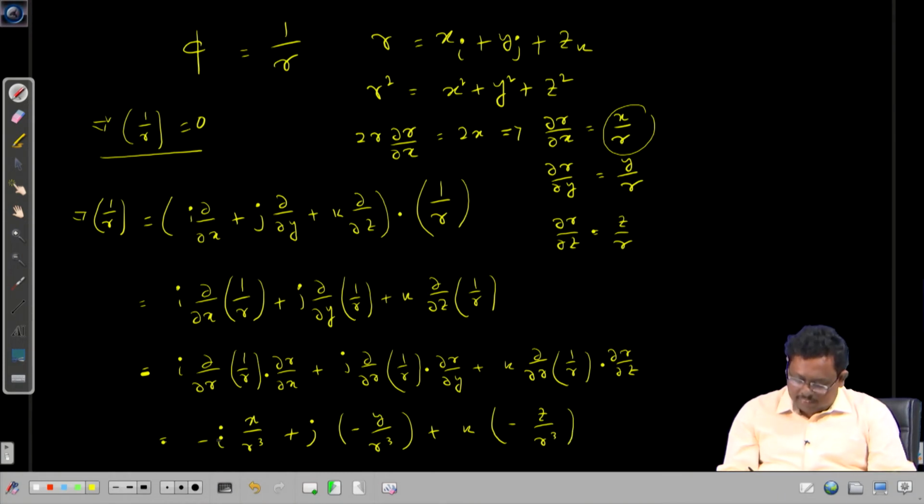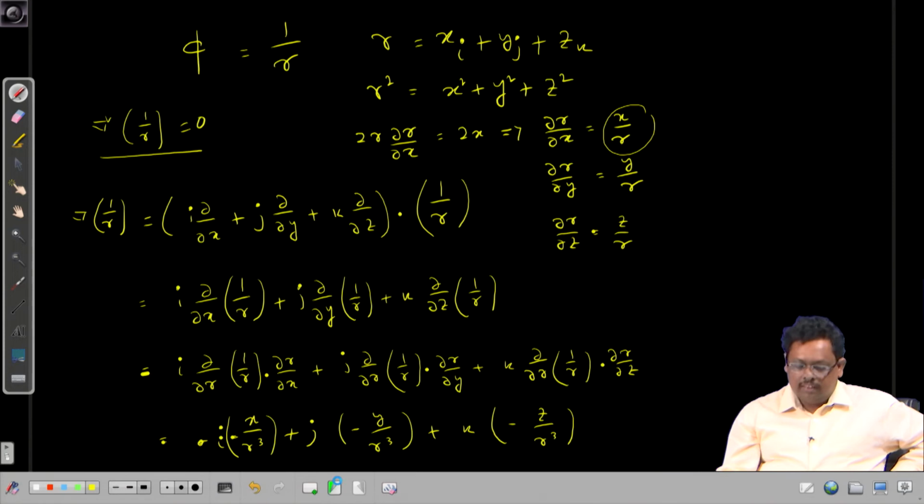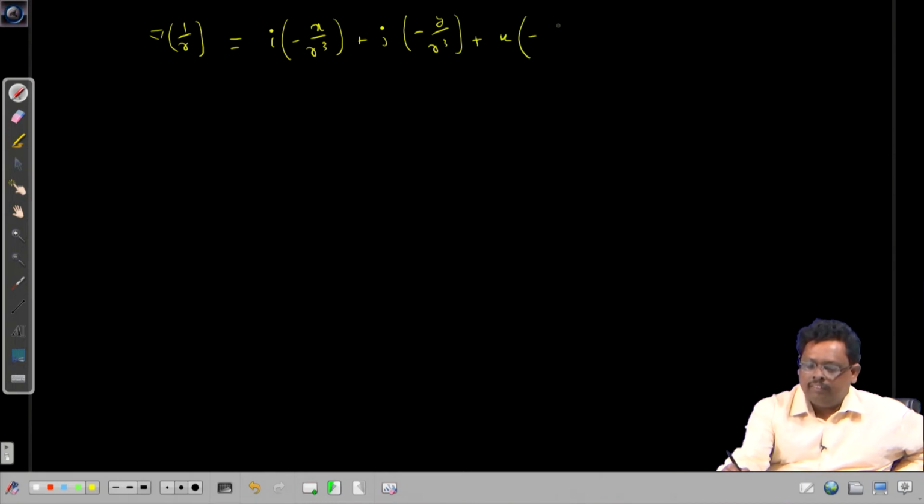So, grad of 1 upon r is equal to i into minus x by r cube plus j into minus y by r cube plus k into minus z upon r cube.